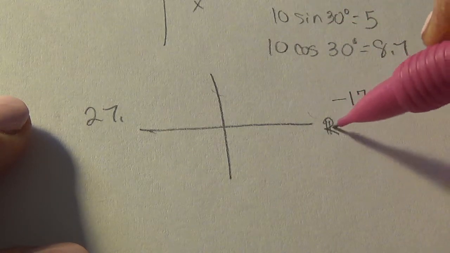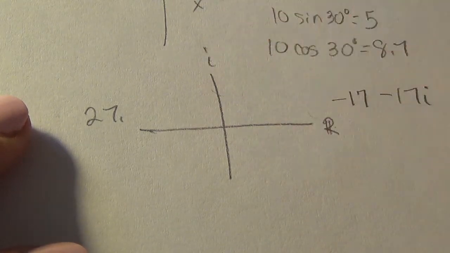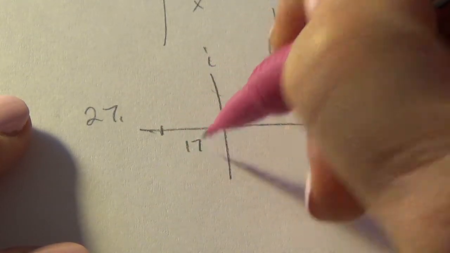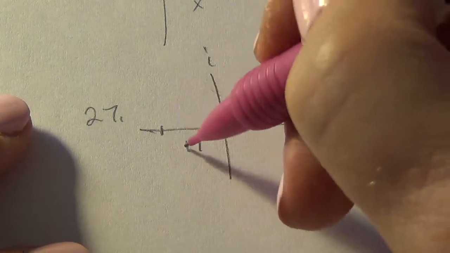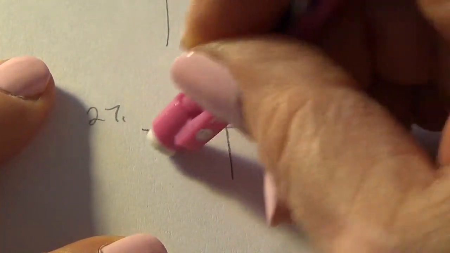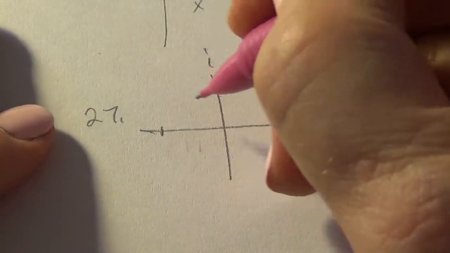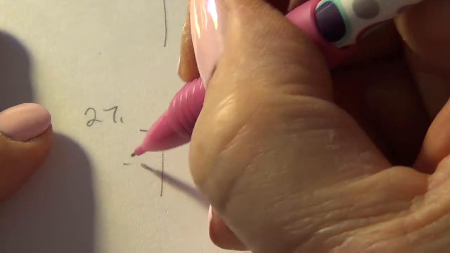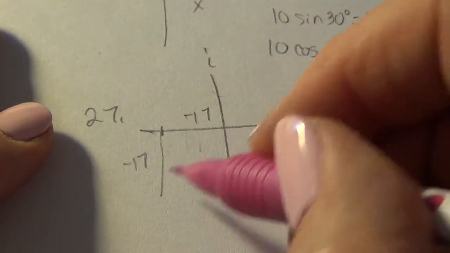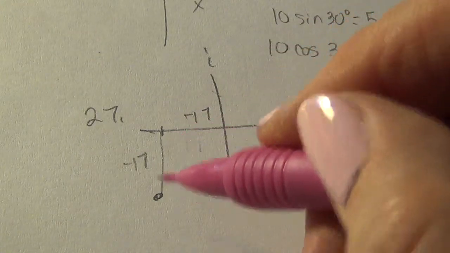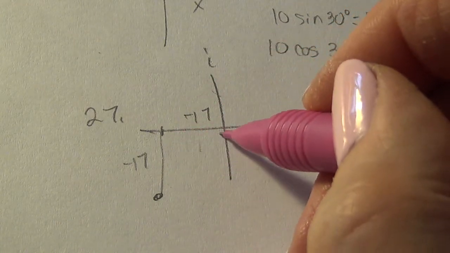We put the real part on this axis and the imaginary part on this axis. So we go minus 17 and minus 17. So here is the point, negative 17 in the reals, negative 17 in the imaginaries.